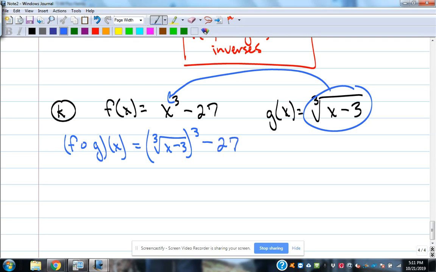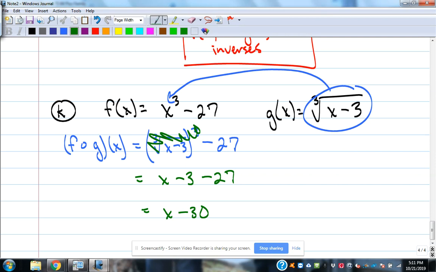What happens when you cube a cubed root? They negate each other. They cancel each other out. Leaves us x minus 3 minus 27, which is x minus 30.